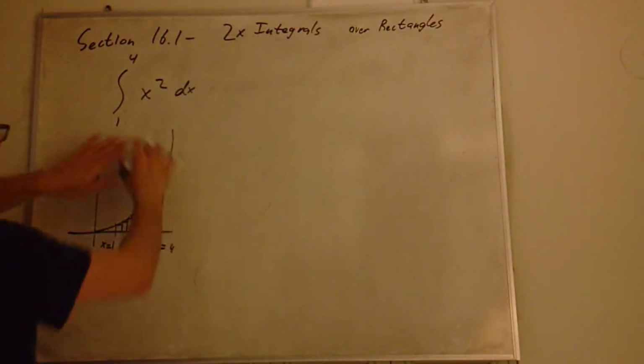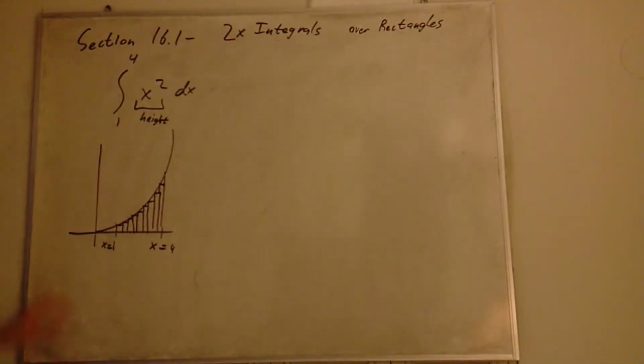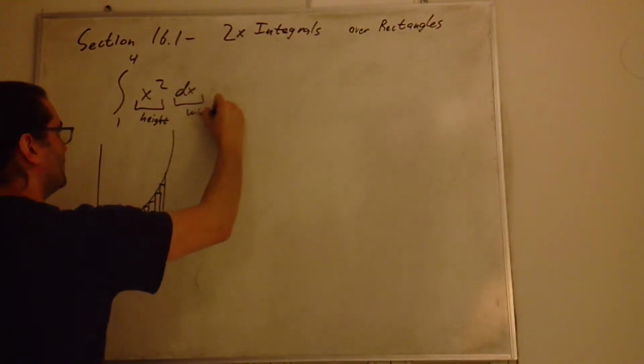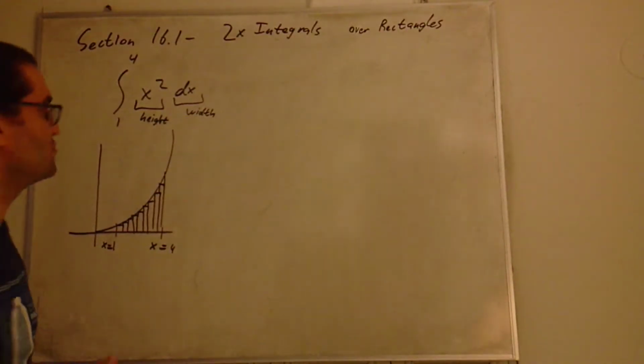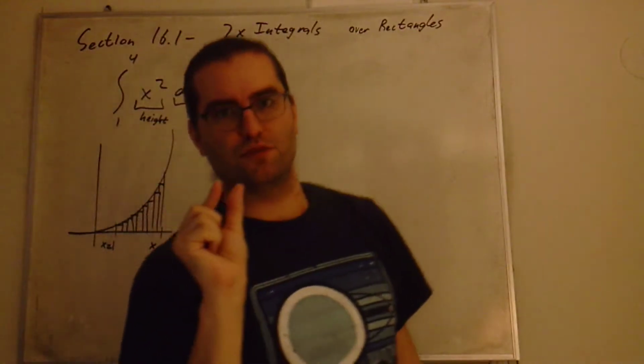If you're thinking about rectangles, this is the height of your rectangle. That's your y value. This is the width. When we did Riemann sums, we called this delta x. That was the change in your x values between one rectangle and the next.